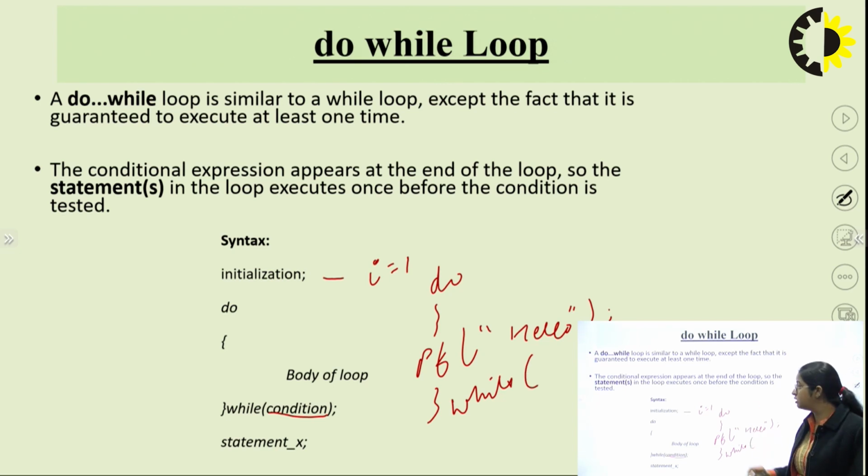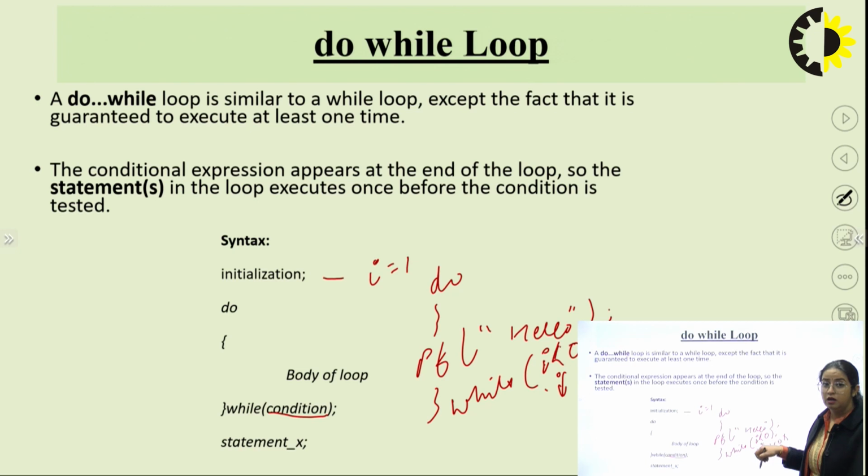Suppose I give the value of I equals 1, and I am checking whether I is less than or equal to 0. Is this condition true? No, this condition is false, because I is 1 and it is not less than 0.